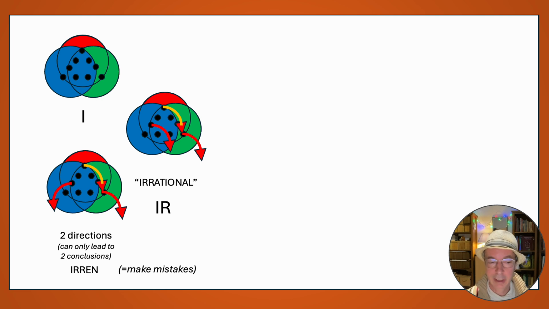We have "irrational", or the German word "irren", which means to make mistakes. So you can't start a logic which you have in I, which is logical, which finds its logic, and then be driven by it. Oh, I found something, I have an idea, I will make it stronger. That's IR. It will start from an idea.